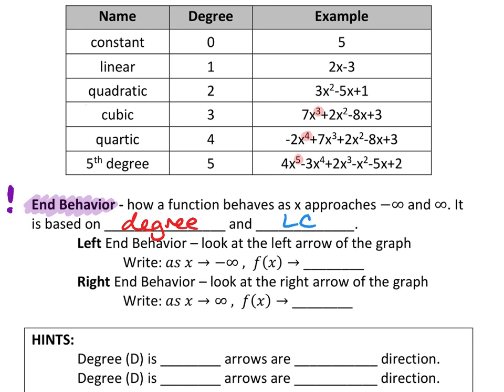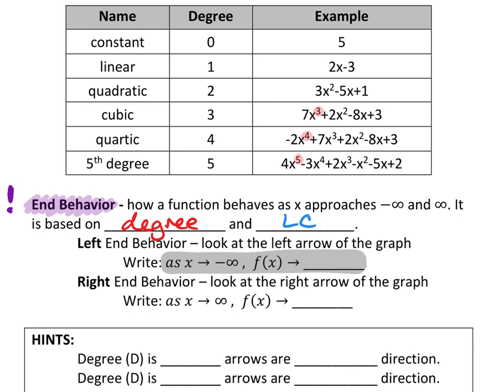The notation we use for end behavior is pretty advanced. So if we are looking at the left end behavior, meaning if we have a graph and we look at the left side of the graph, you're looking over here, right? This is the left direction. You'll look at the left arrow of the graph and you write this following statement, like this whole thing is what you would write down right here. So highlight that. You would say, literally writing down, as x arrow.